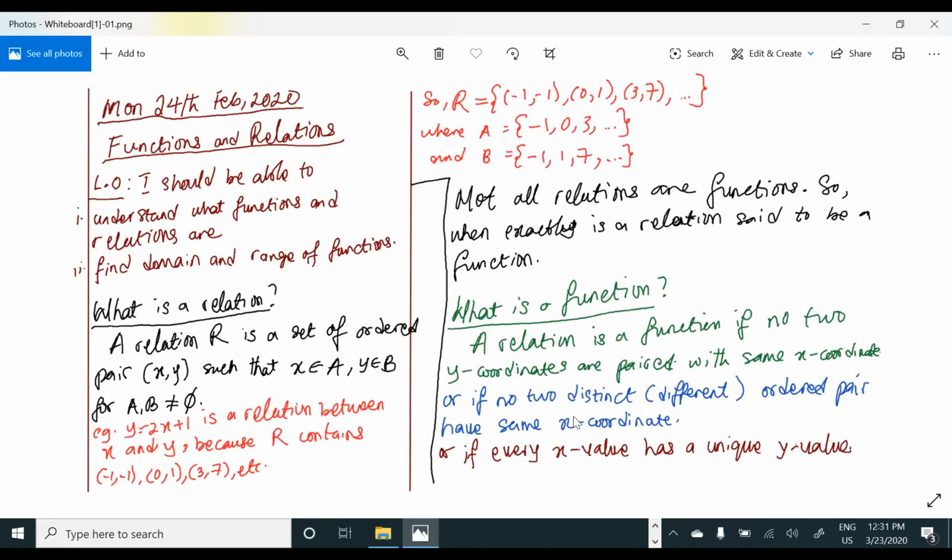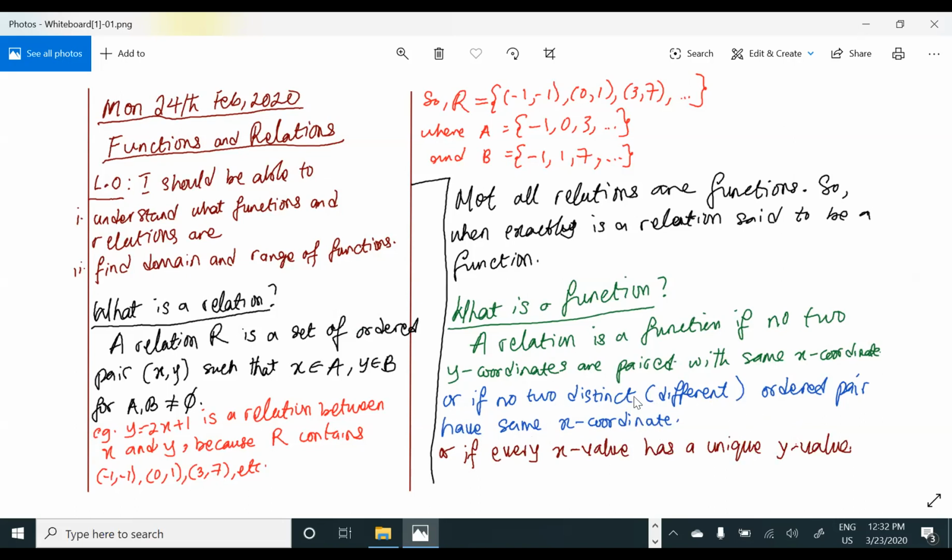Here, okay. A relation is a function if no two y coordinates have the same x coordinate, or if no two distinct, which means different, ordered pairs have the same x coordinate, or if every x value has a unique y value. So you can look at this.